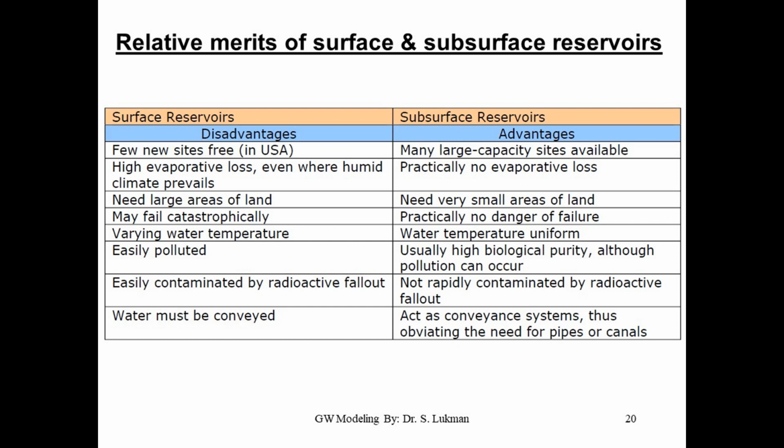Easily polluted, usually high biological purity, although pollution can occur. This we discussed extensively. Easily contaminated by radioactive fallout, not rapidly contaminated by radioactive fallout. And water must be conveyed. That is one thing. And in this case, act as conveyance systems, thus obviating the need for pipes and canals. You just pump it up and that's it.